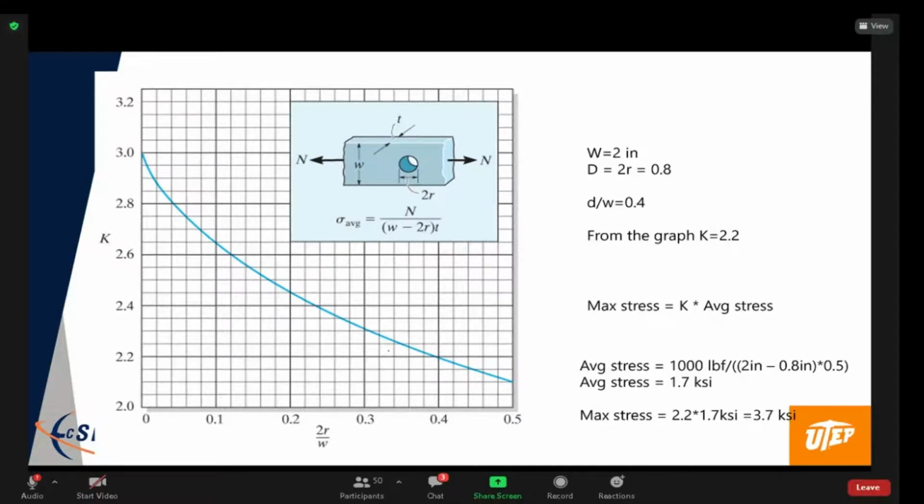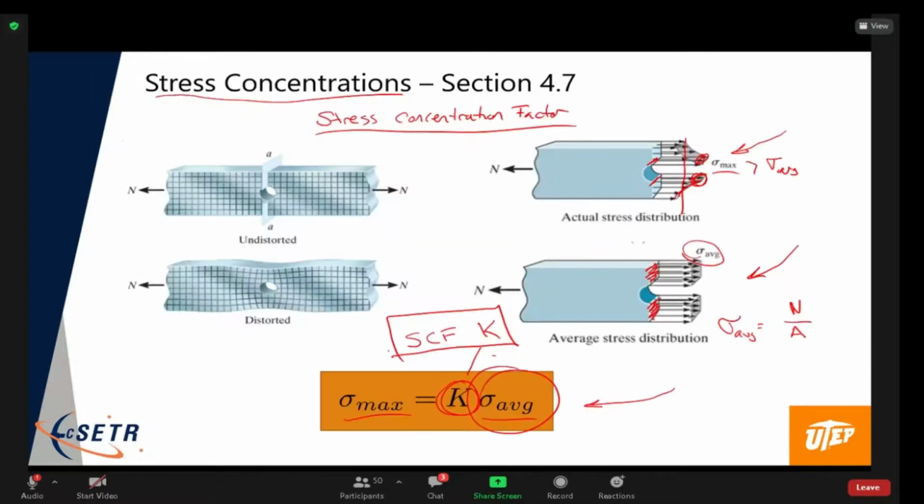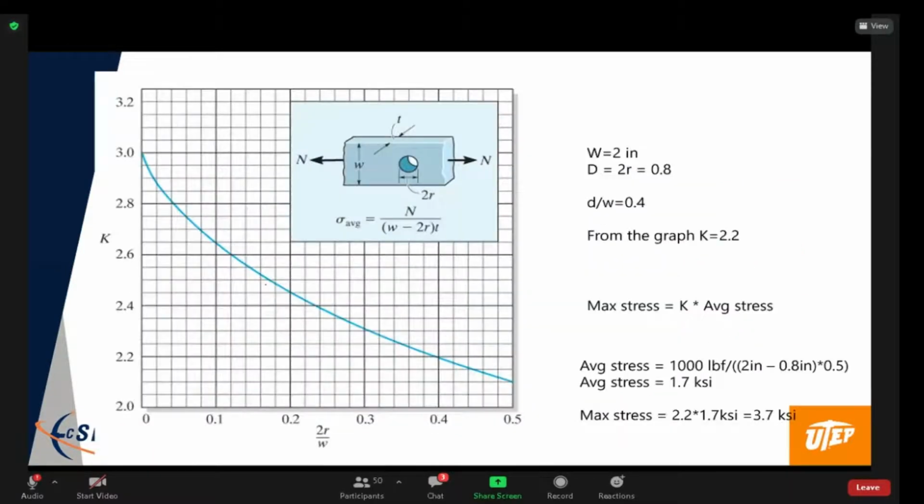So here is what we had in the example on this slide. We have a bar under tension, and there is a hole in the middle of it. That's what's shown here. Now, on the y-axis of this plot, we have the stress concentration factor, K, and it's a function of what's shown on the x-axis.